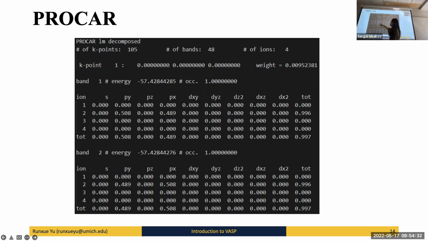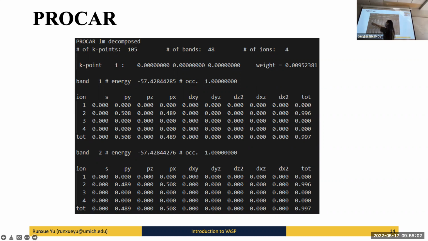Yeah, so the most important part is also here. Here we're listed as band 1, band 2, and band 3, and it will give you the energy of this band and the occupation number for this band. And then it will give you each atom projected and orbital projected contribution for this band.